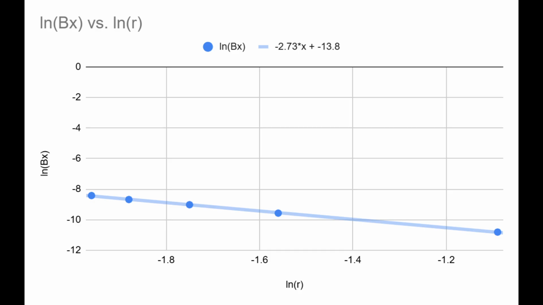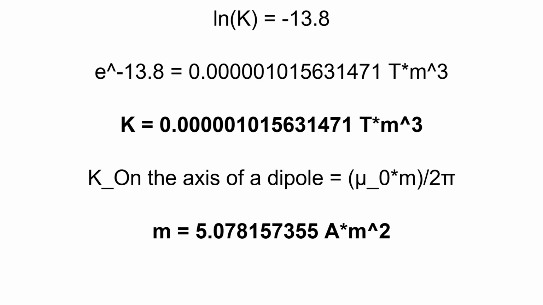From this, we are able to find what n and the natural log of k are. And then we were able to plug the natural log of k into some mathematical formulas to find what k is, and also what the magnetic dipole moment is.